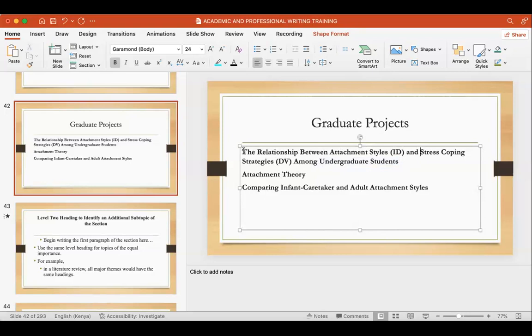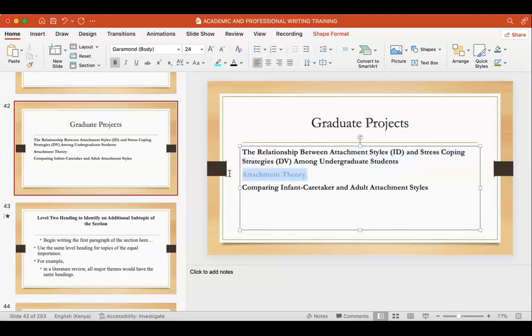Yeah. And remember, your writing must be very scientific and persuasive. So you can decide to use adult attachment styles because your target population are adults, or you can use the attachment styles that were identified by Ainsworth and Bowlby in their early studies, the 4 attachment styles, to see how each one of them is used by undergraduate students to cope with stress.